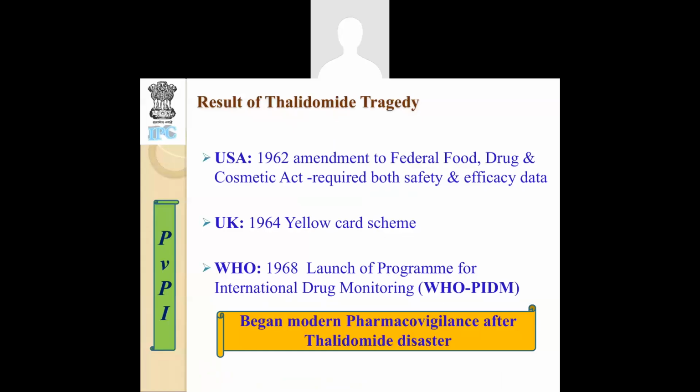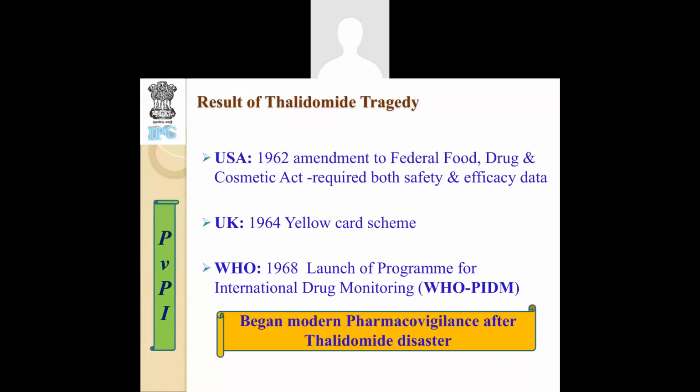After the launch of the WHO PIDM program, this made sense of reporting adverse drug reactions and taking marketing authorization on a particular drug based upon the safety and efficacy data.